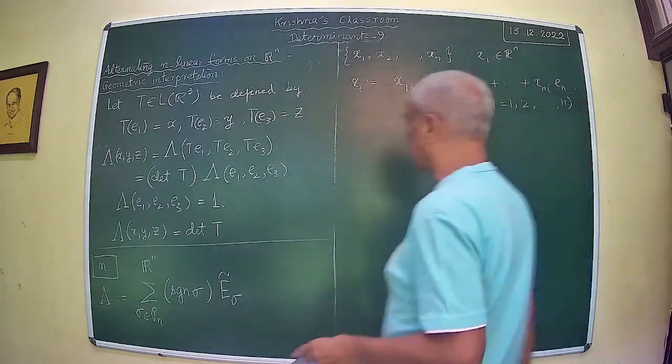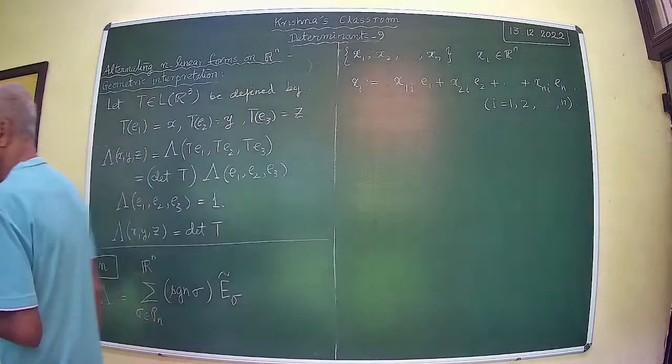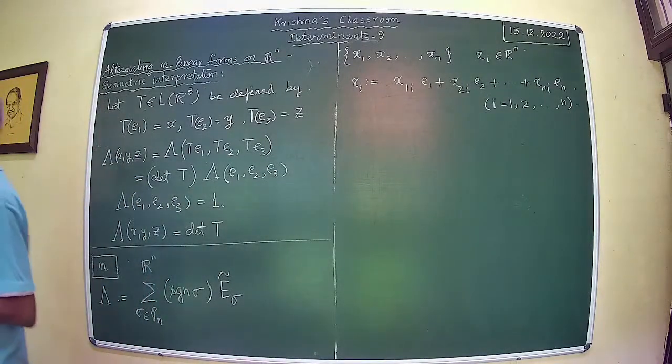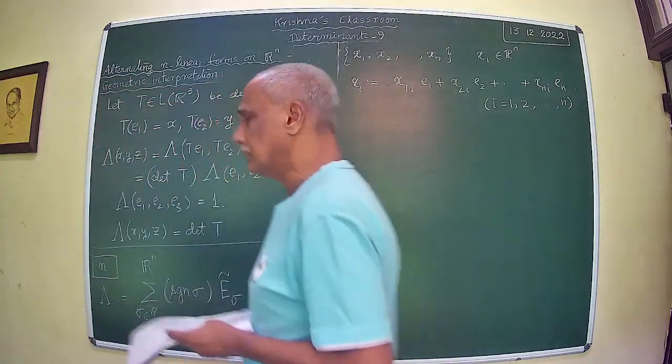These are the n vectors, where the xij's are uniquely determined because E1, E2, etc., En forms a basis for Rn.